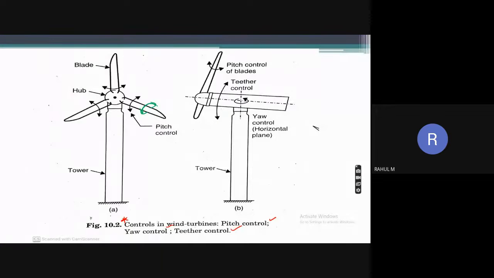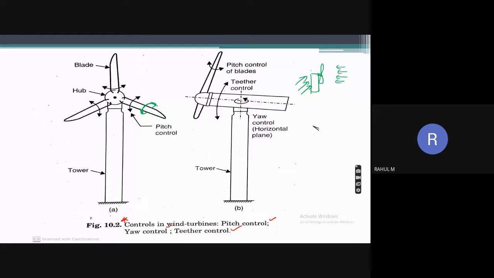Sometimes, for example, let us consider a wind turbine something like this. Suppose during the morning the wind is flowing in this direction, and in the afternoon the wind is flowing in the opposite direction.